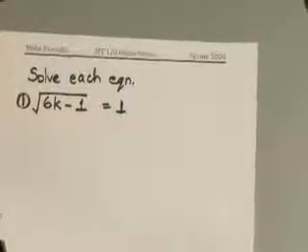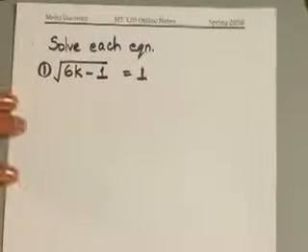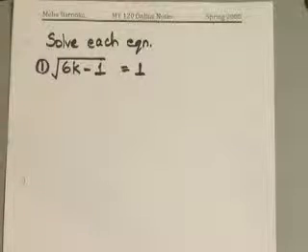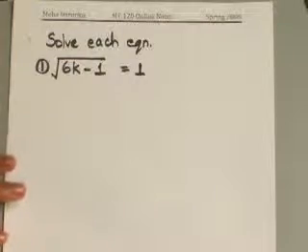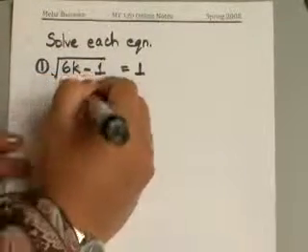Now anytime you use the power rule to solve equations, you always want to check your answers. Always make sure that the solutions you came up with work in the original equation. If they don't, then you would want to discard those solutions. So let's look at this example, and we'll use the power rule here to help us out.